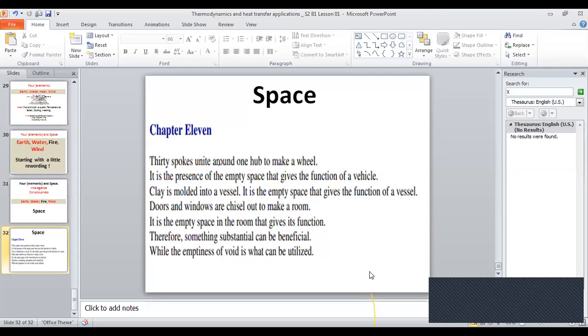Imagine engine. Let's say piston cylinder engine. So to power the vehicle, there should be fire inside the cylinder of the engine. To have the fire there should be a space. We call it combustion chamber.